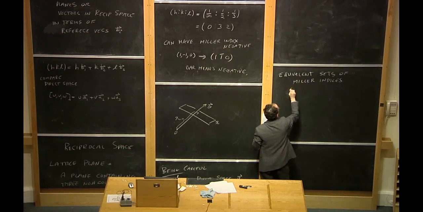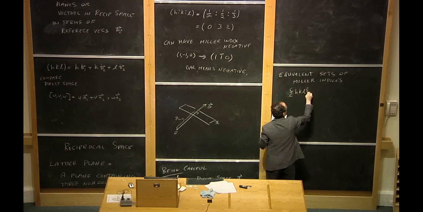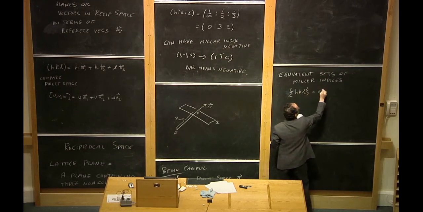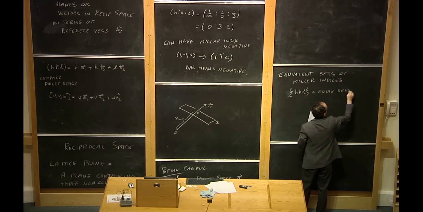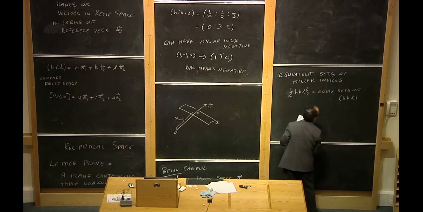Okay, that was a terrible curly bracket. Like that, {HKL}, which means equivalent sets of (HKL) in regular parentheses.